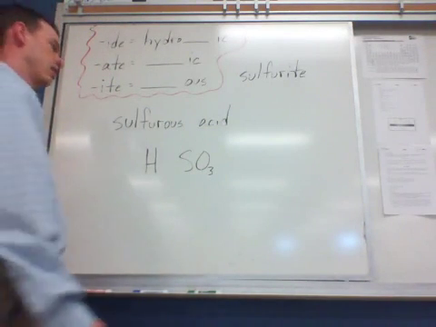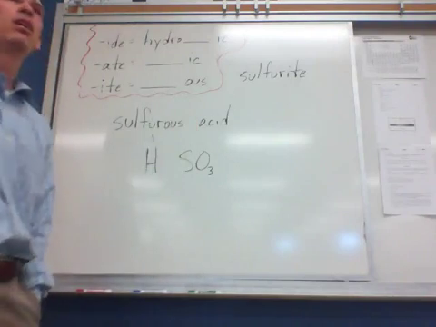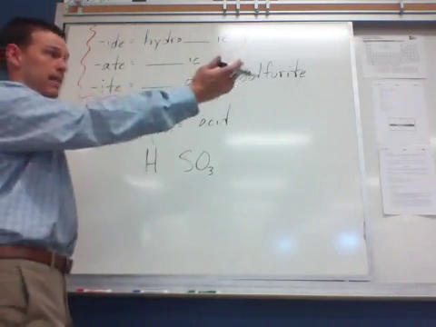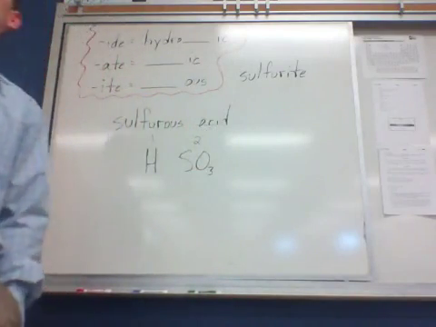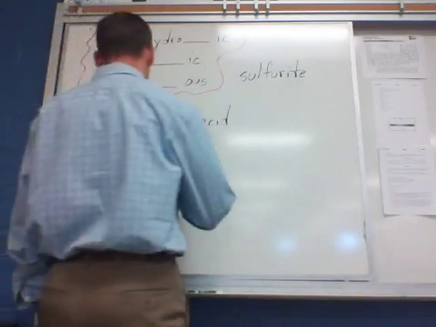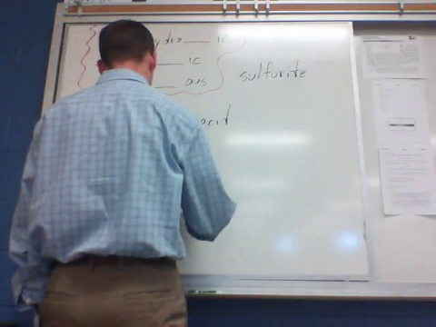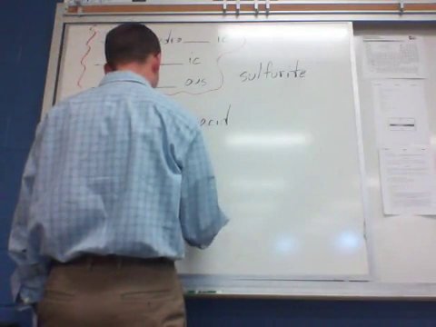Check the charges. Hydrogen's always 1. Sulfite on your polyatomic list is a 2. The numbers are different. Sulfurous acid is H2SO3.